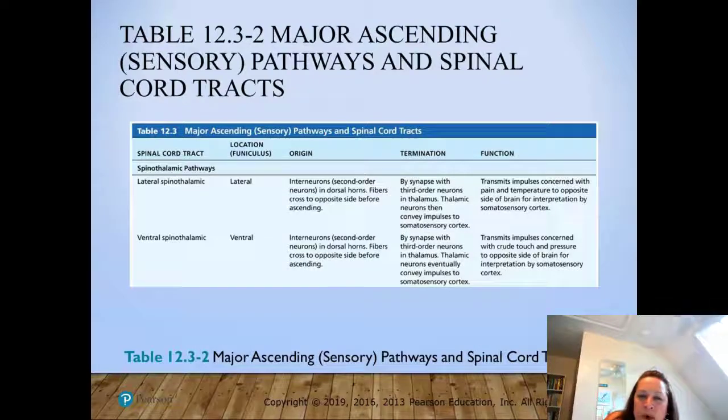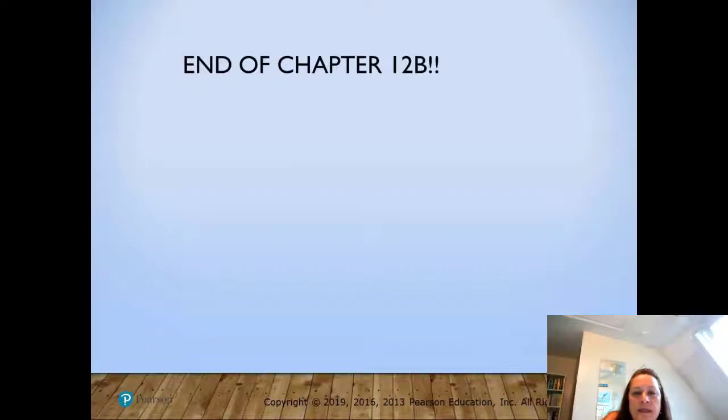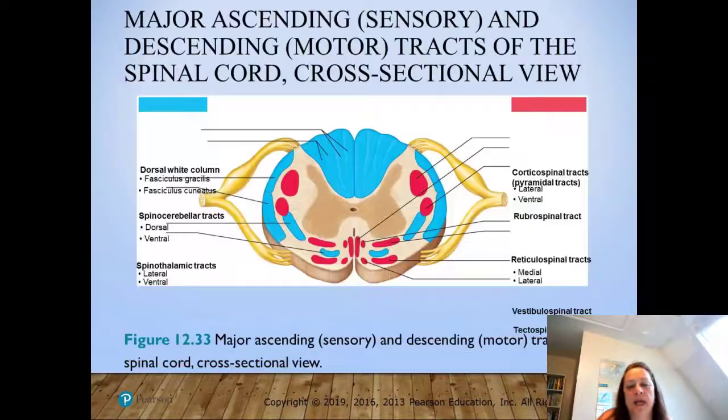You don't need to really memorize these, but just kind of know that they exist, and that as we go up and down the spinal cord, we have these major superhighways of different ascending in the blue and descending in the red motor tracts. For example, the dorsal column right here. The dorsal column's job is body surface touch and localized vibration. So that's going to be for that entire part of the side of the body, right?